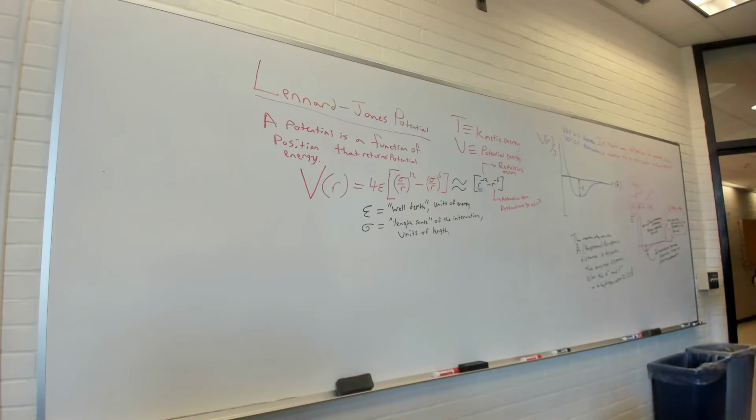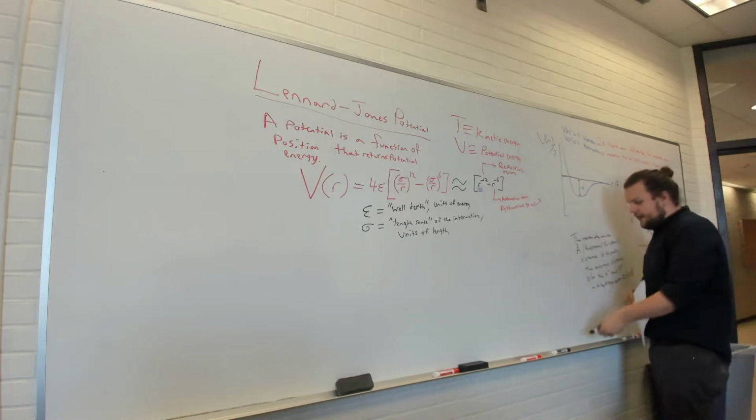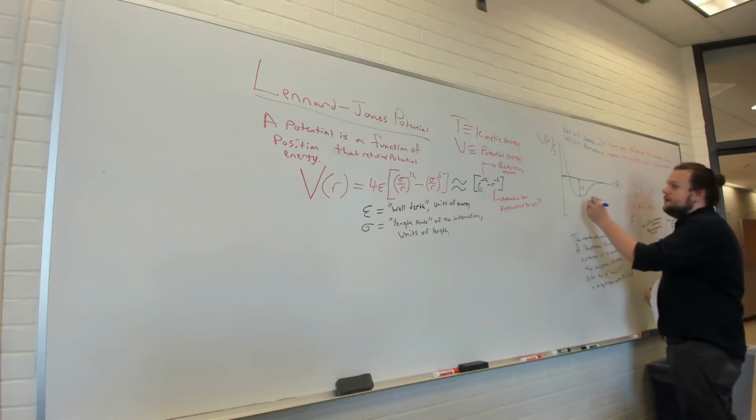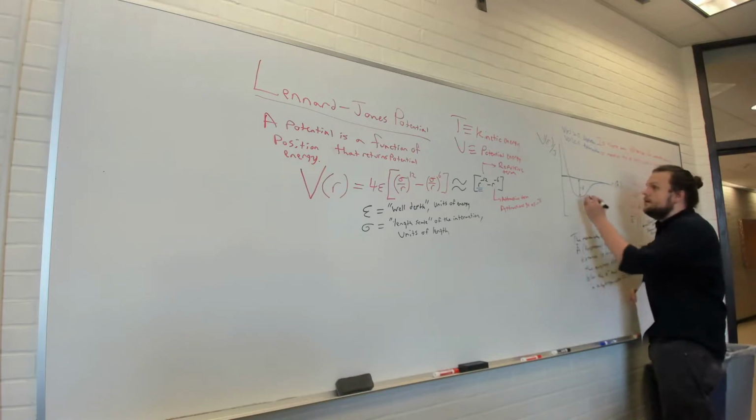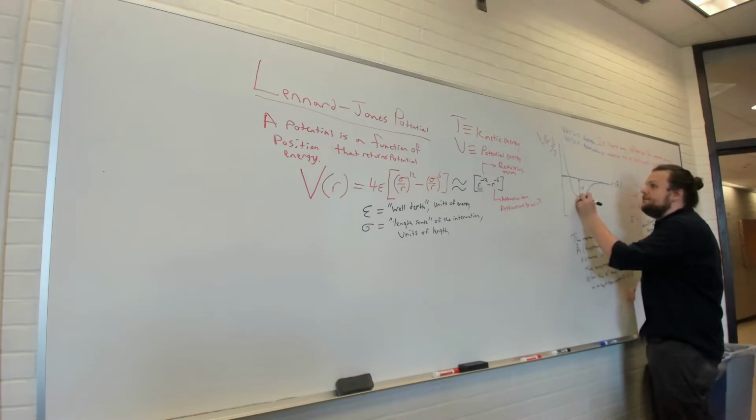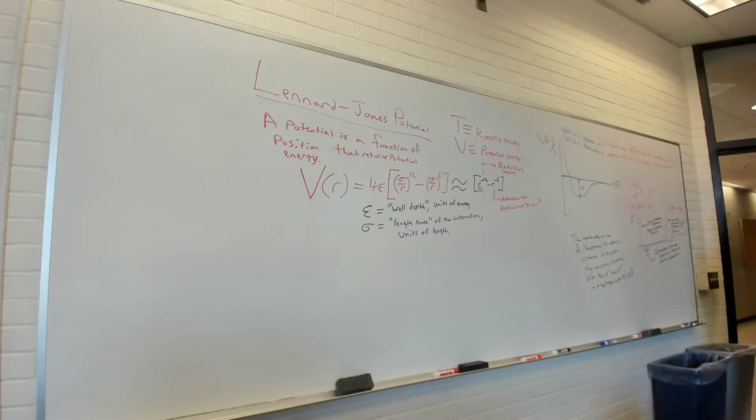Okay. So the more attraction there is between two atoms or two molecules, the bigger its epsilon is. And then sigma gives you a sense of where the minimum distance is, the distance where the minimum energy occurs.